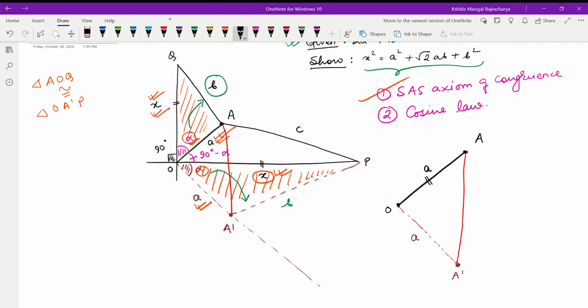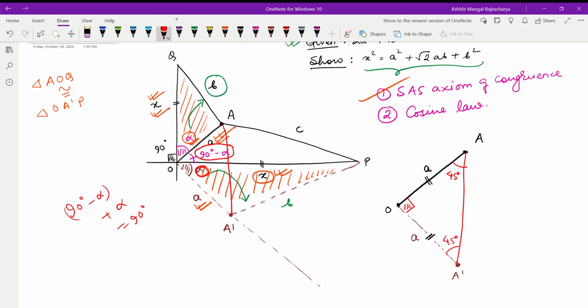Now this side and this side are equal. Also, angle AOA dash is equal to 90 degrees, because this angle is 90 degrees minus alpha and this is alpha, so 90 degrees minus alpha plus alpha is equal to 90 degrees. So we get a right angled isosceles triangle, and as a result this angle will be 45 degrees. We're going to use it later on.